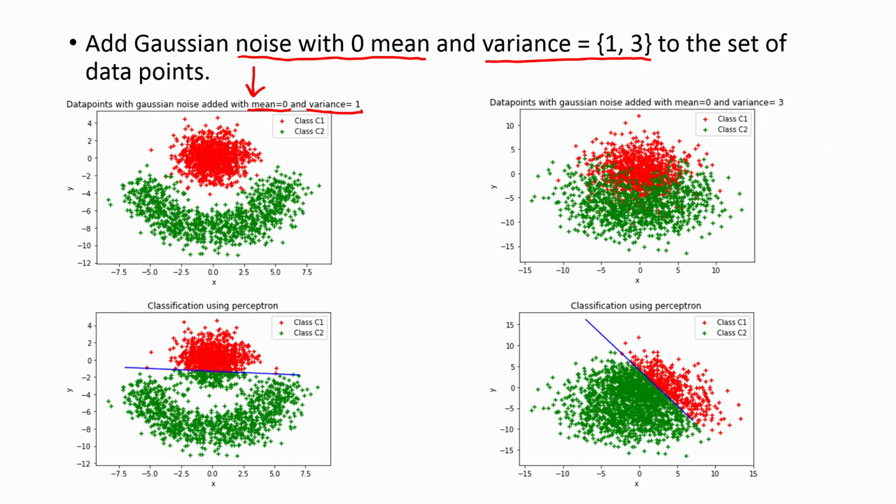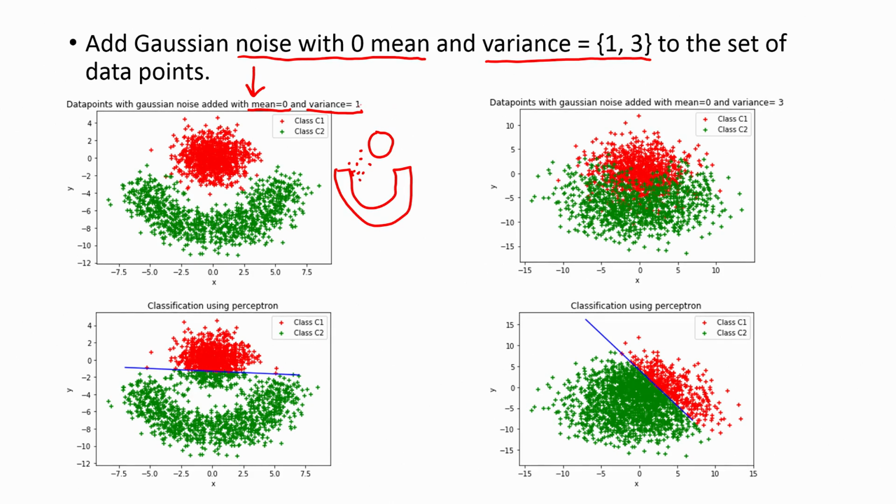Because of this, our perceptron algorithm is not able to converge or find a hyperplane that can separate these two classes. Even though the data was initially linearly separable with D equal to 3, with the addition of noise the data points are getting mixed and therefore, they are not linearly separable.